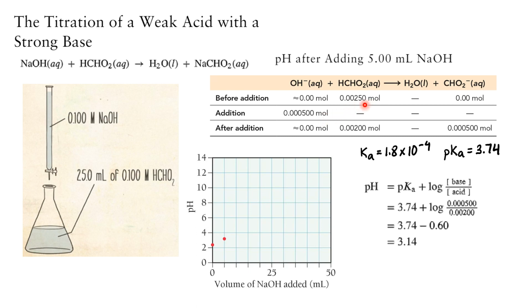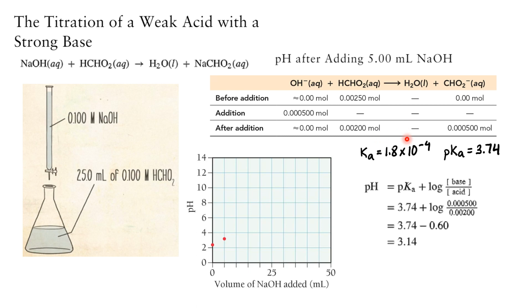Well, the weak acid is going to consume all of this base. There's more acid than base, so the acid consumes all of the base, and you're left after the addition with none of the base anymore. The amount of moles of acid you have left is this minus this number, which is 0.00200 moles now.